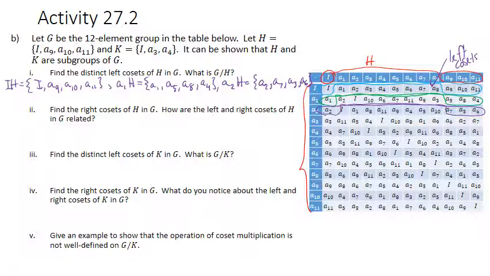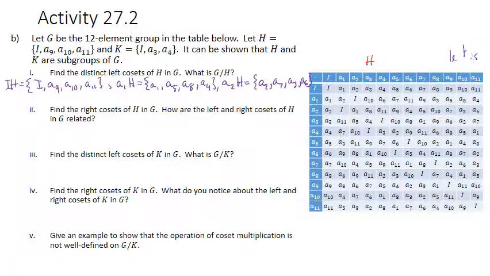Alright, so now find the right cosets of H in G. How are the left and right cosets related? So we're going to do the same type of thing on the table over here. So let me circle where H is. So H is going to be this, and then also these ones. So that's H. And then, let's see.